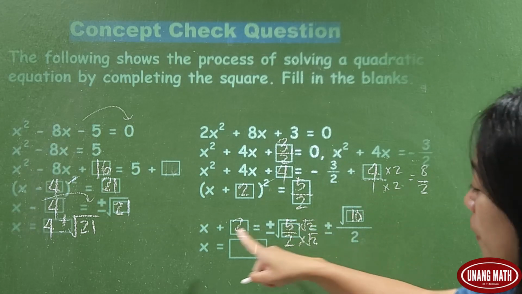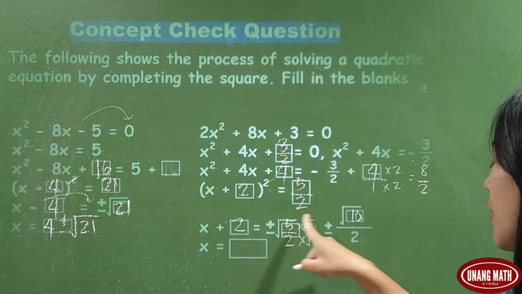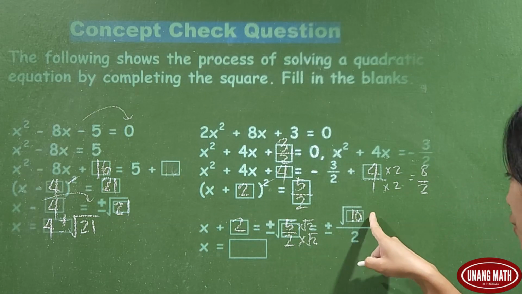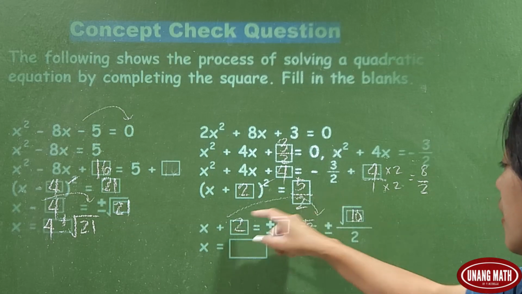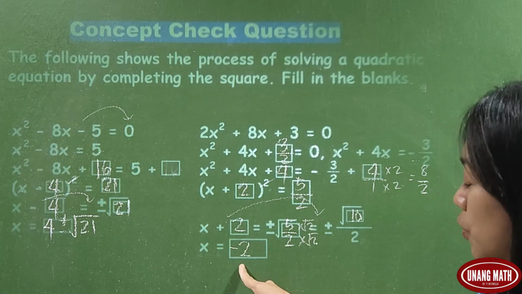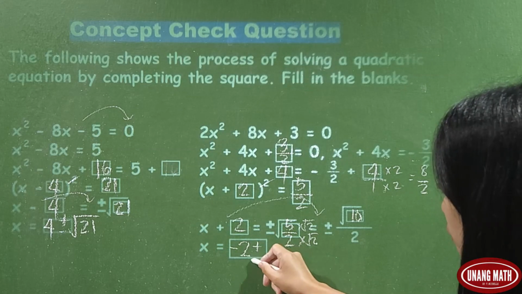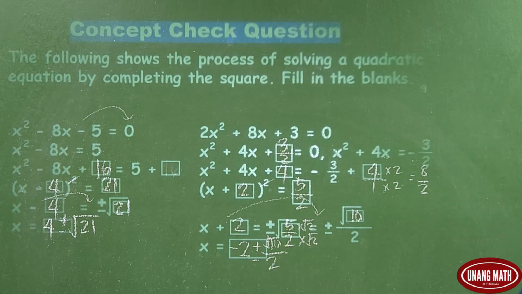So x plus 2 is equal to plus or minus square root of 10 over 2. We're looking for x, so move 2 to the other side. So x is equal to negative 2 plus or minus square root of 10 over 2.